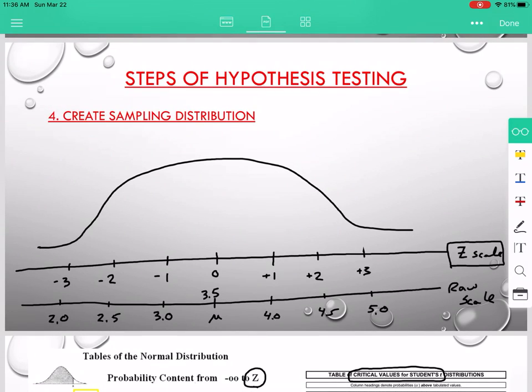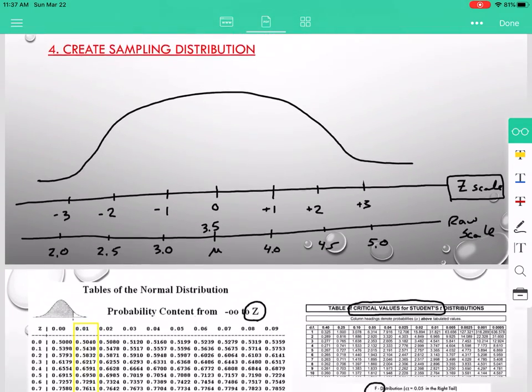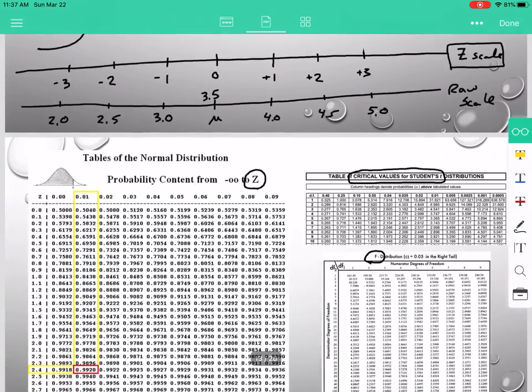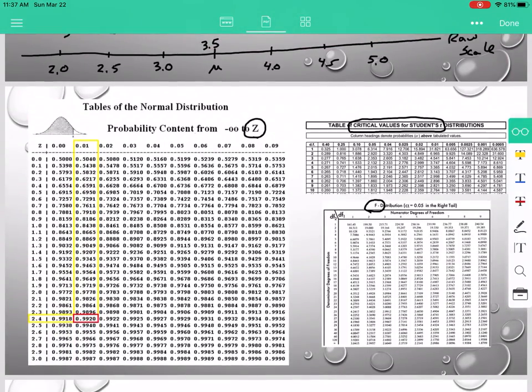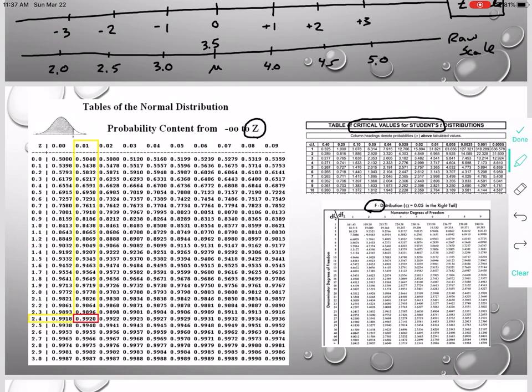So after I set up my normal distribution curve, I have my standardized scores at top, the z-scale, and then I have my raw scale with my actual units. The next thing I'm going to do, depending on what test I'm using, z, t, or F, is go to a table that's already out there, based off of my set alpha level. If I was using an alpha level of 0.05 and it was a two-tailed test, I would follow... this z-scale here is actually a one-tail.